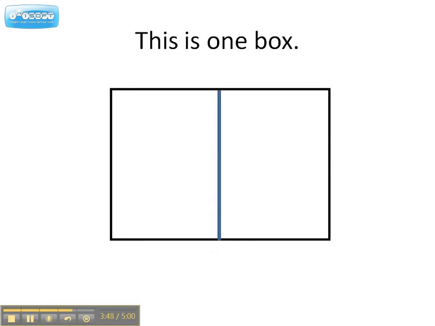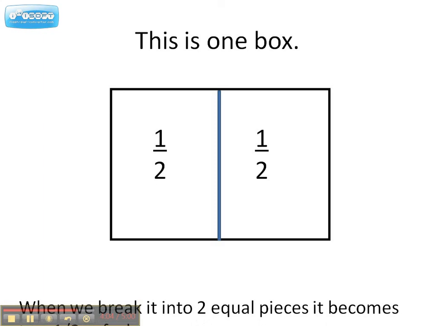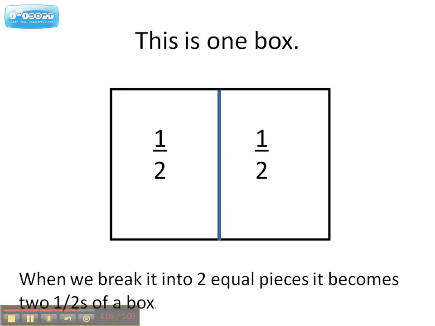If I break it into 2 equal pieces, what will the fractions be that you use to describe each piece? 1/2 for the one box it came from and the 2 pieces it is in, and 1/2 for the other as well. When we break it into 2 equal pieces, it becomes 2 1/2s of a box.